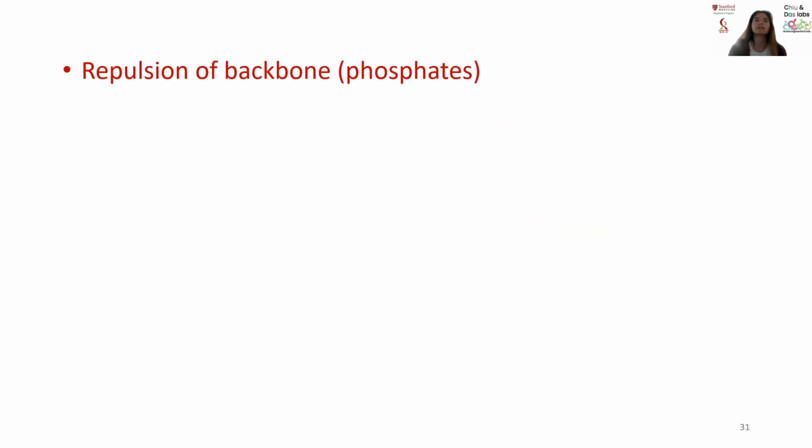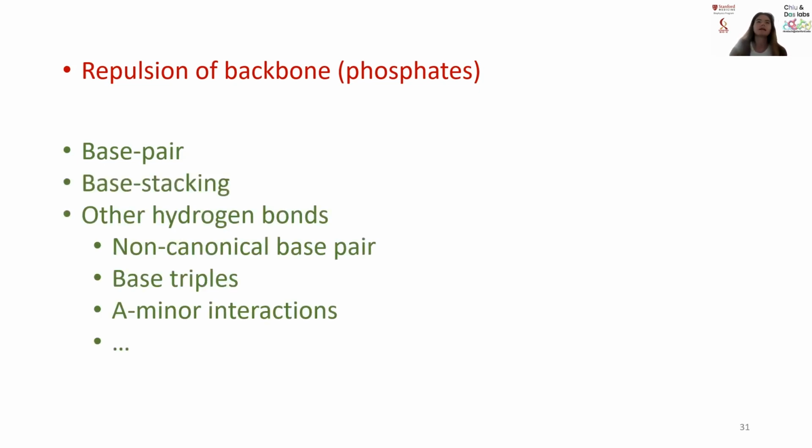So to summarize, we have repulsion of backbone. So the default is to have your backbone as far away as possible, except if you have some of these good interactions like base pairing, base stacking, other hydrogen bonds. So you can have base pairing between A's and C's, for example, sometimes. So those are what we call non-canonical.